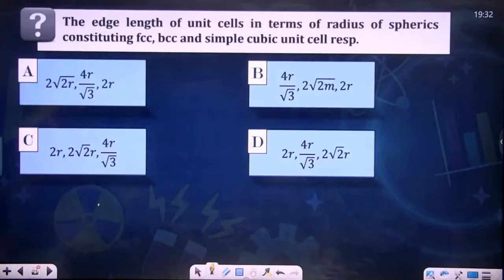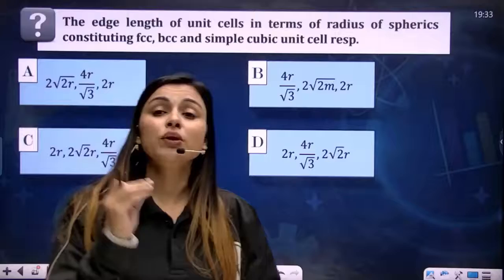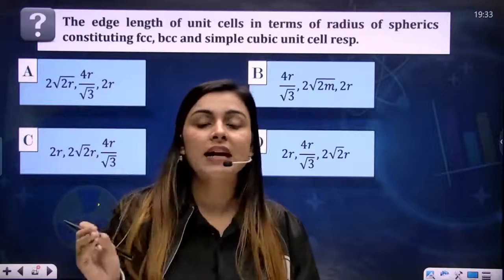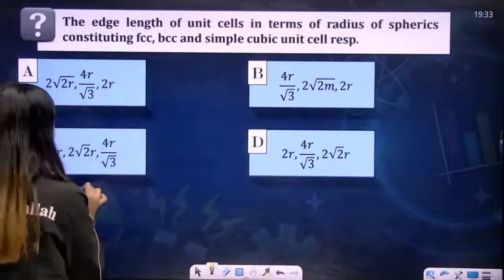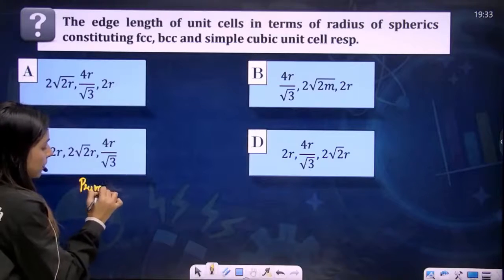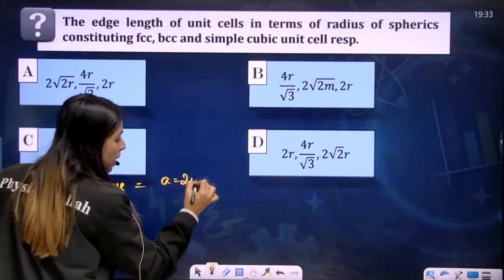The question says that the edge length of a unit cell in terms of radius of spheres constituting FCC, BCC and simple cubic unit cell is. So my dear students, for solving this type of question, you need the relation between the radius and the edge length. For primitive, atoms touch along the edges, so a is equal to 2r, right?